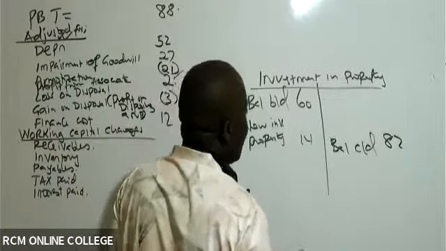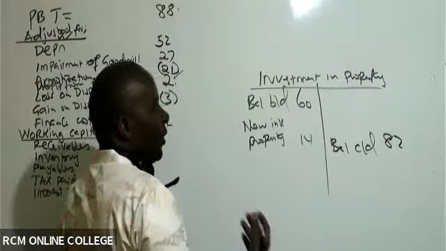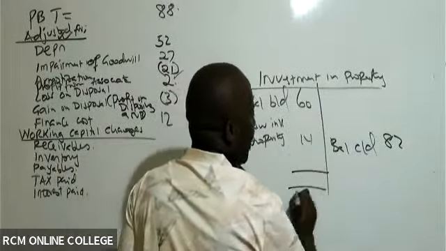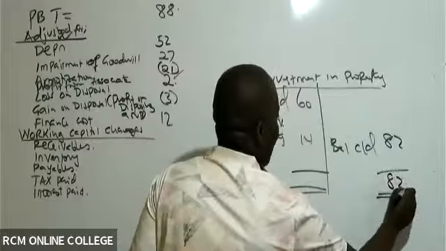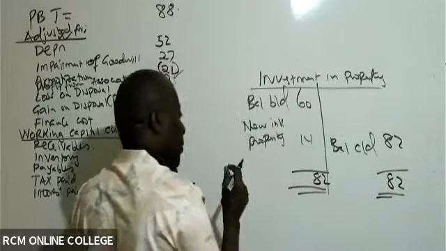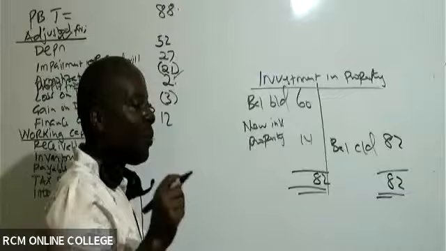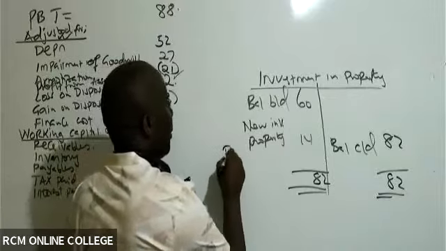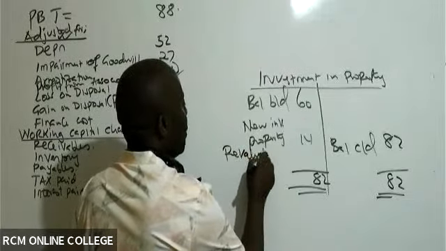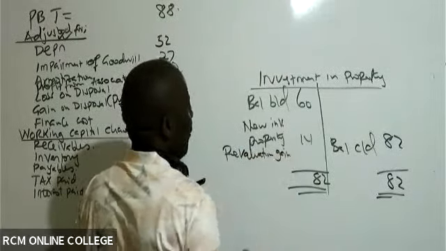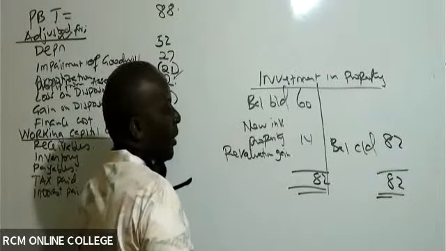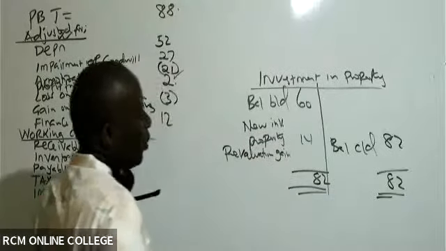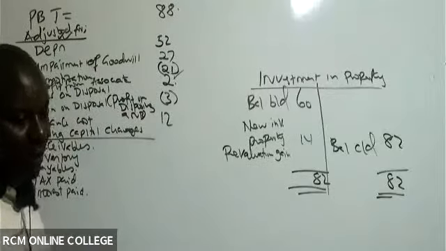So what else may have made this investment in property? You see, this is 74 and this is 82. The moment they have told me that their investment properties are fair valued, then I know there must have been some revaluation. So we have here a revaluation gain. It's a gain because it's on this debit side. So 82 minus 14 minus 60 will give me 8.